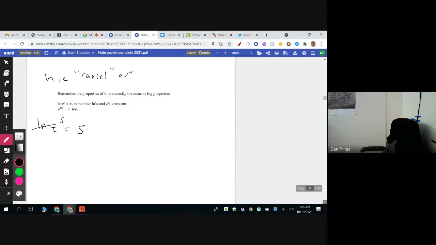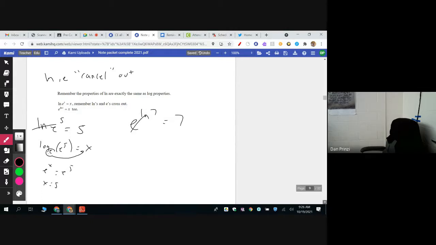The reason is, if you wrote ln as log base e of e to the 5th equals x, watch. If you swung it up, you'd have e to the x equals e to the 5, right? Base, number, power. So the only way those are true is if x equals 5. Or if you had e to the natural log of 7, that's just going to equal 7.